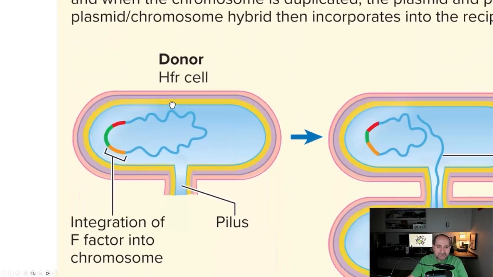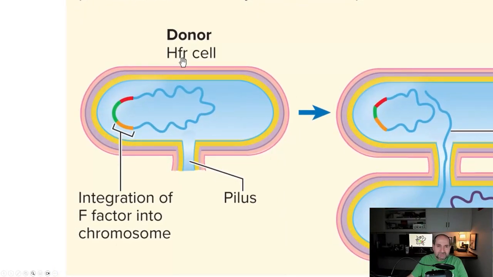Now look at this. That's what an HFR cell is. Here in blue you can see the genome, the circular chromosome of the bacterial cell. And notice what's happened here. The F factor has integrated itself or recombined itself into the genome.